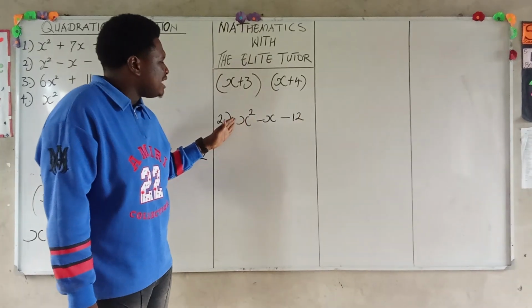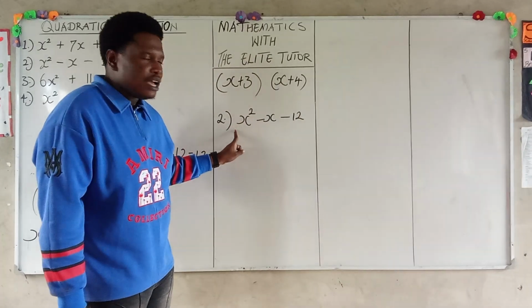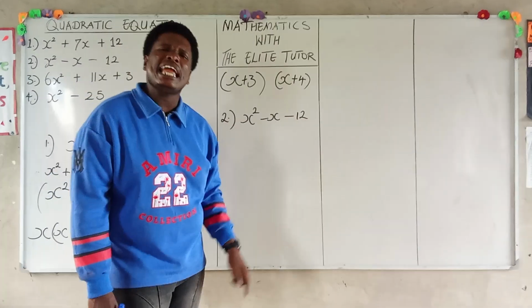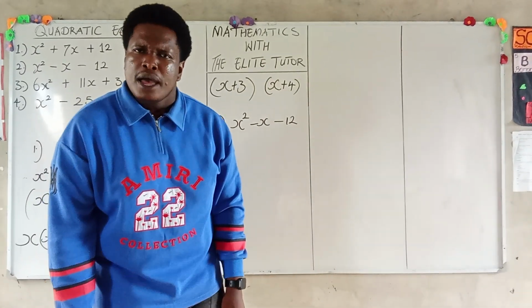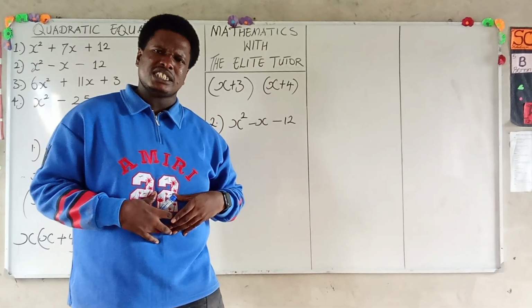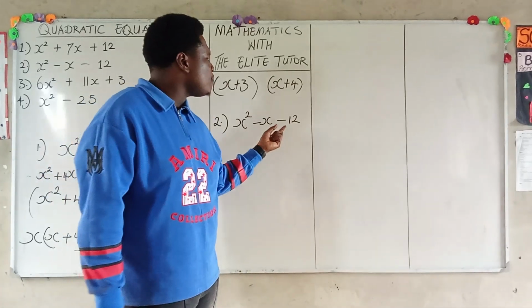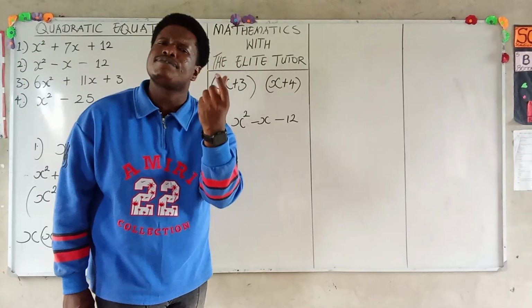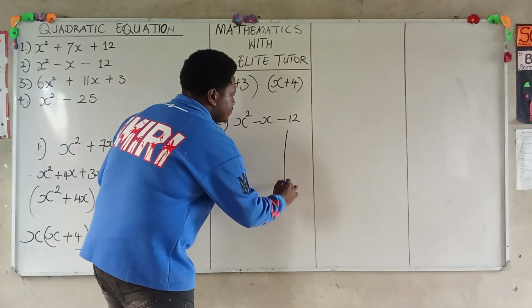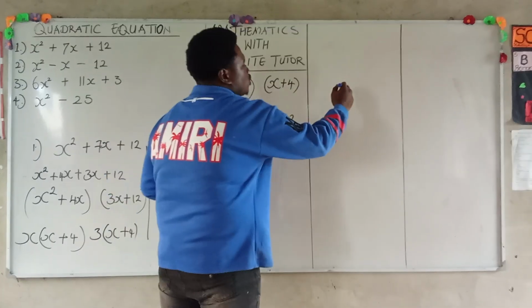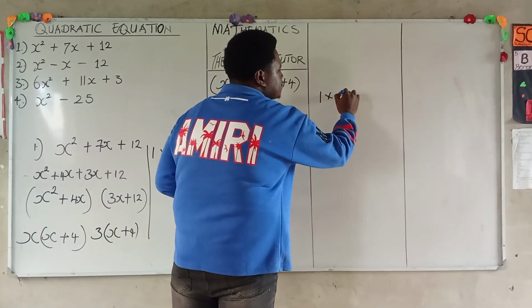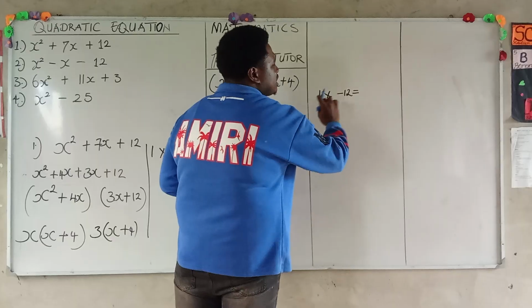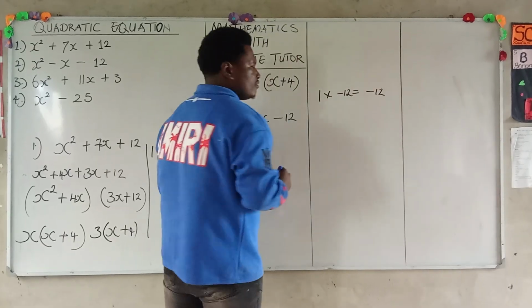The coefficient of x squared is 1 multiplied by our last number. Our last number is not 12, because 12 is positive 12. Our last number here is minus 12. So we have 1 times minus 12, which gives us minus 12.